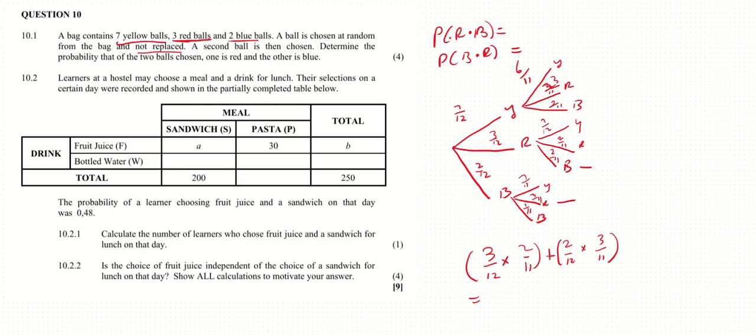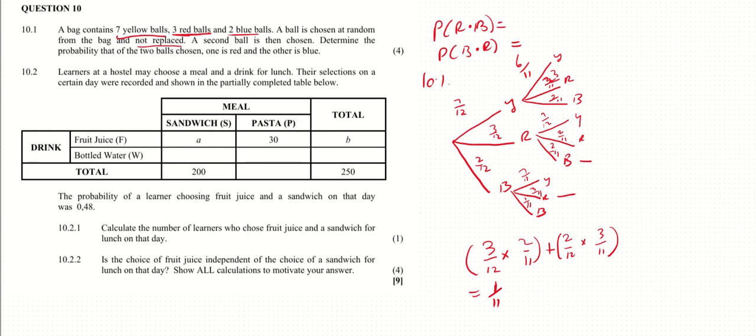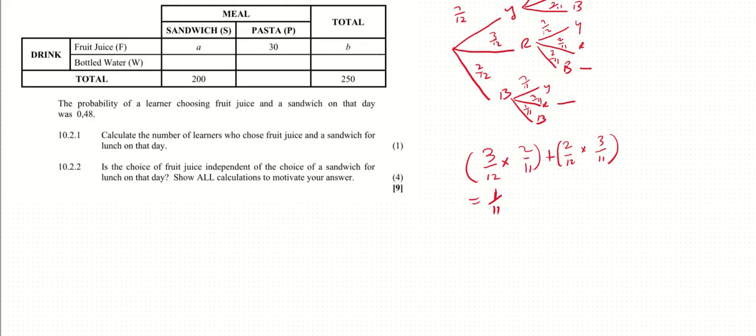It's times, not plus, sorry, within each term. The probability is 1 over 11. That is 10.1. We could have done it directly, but I wanted to show you how to do it with the tree diagram. Then let's look at 10.2.